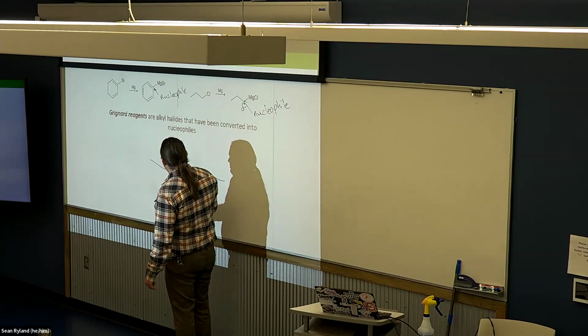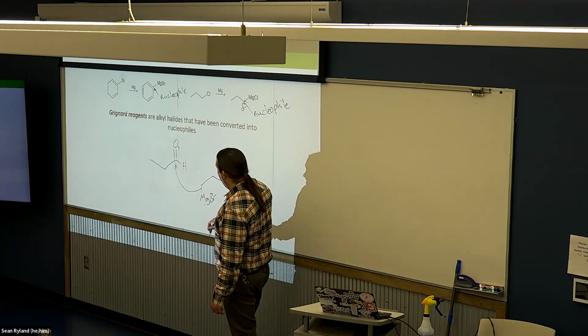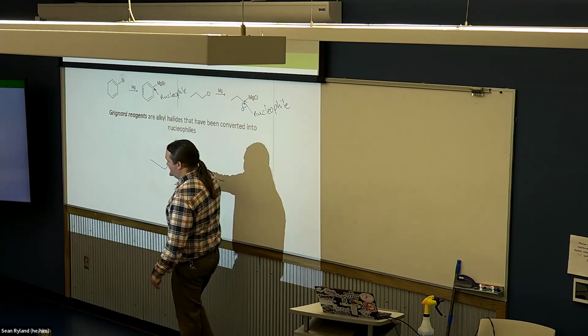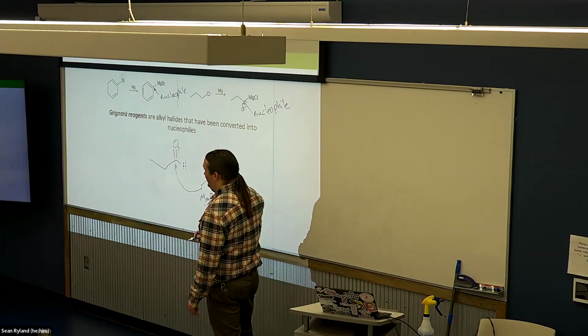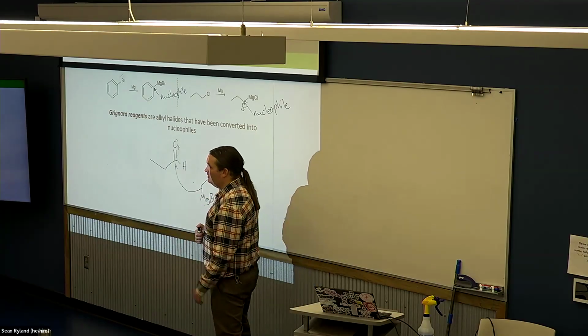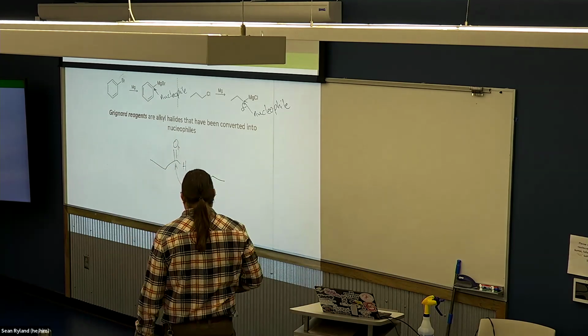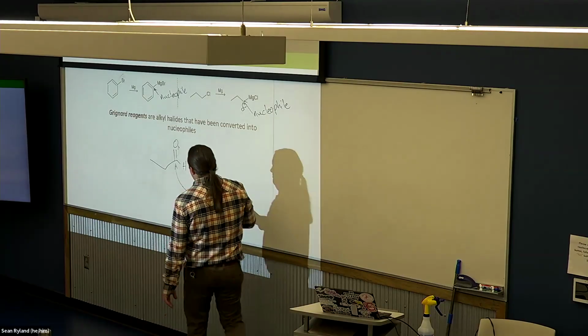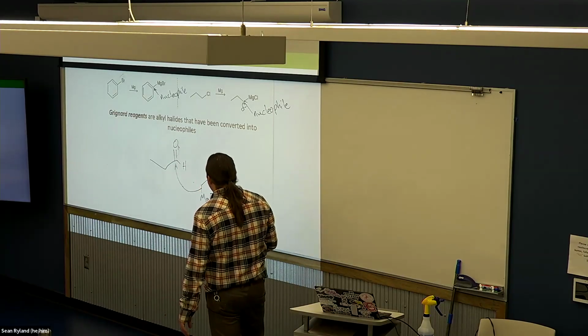This mechanism is going to look very similar to the one from the previous page, it's just instead of adding a hydride to a carbonyl, this lets us add a carbon to a carbon. So it's still a reduction, because we're losing carbon-oxygen bonds.